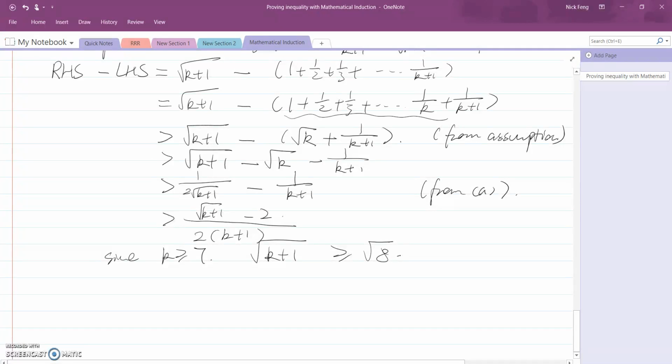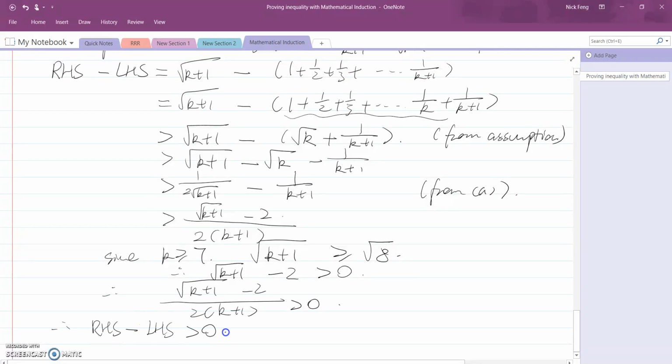And root 8 is definitely greater than 2 because it's 2 root 2. And therefore, root k plus 1 minus 2 has to be greater than 0. And therefore, root k plus 1 minus 2 on 2 brackets k plus 1 has to be greater than 0. Therefore, right-hand side minus left-hand side has to be greater than 0.